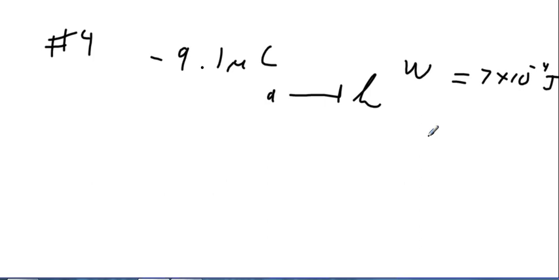If the charge was started from rest and had 2.1 times 10 to the minus 4th joules of kinetic energy when it reached point B, what must be the potential difference between A and B?